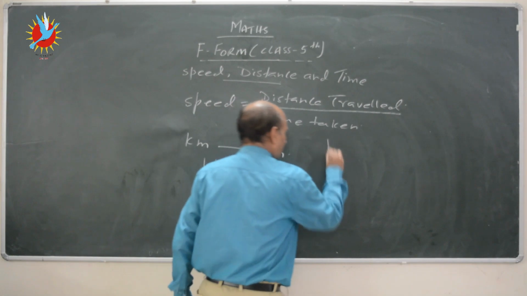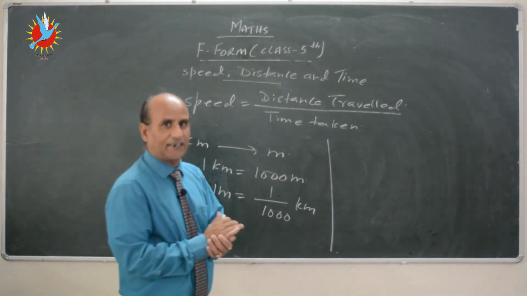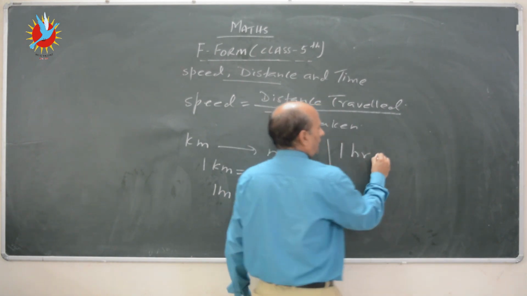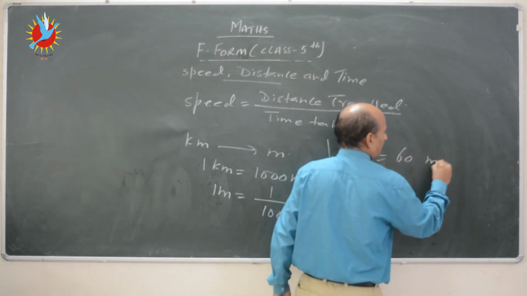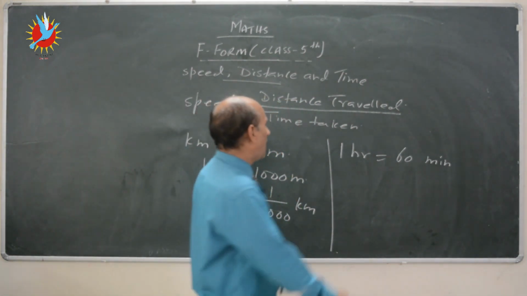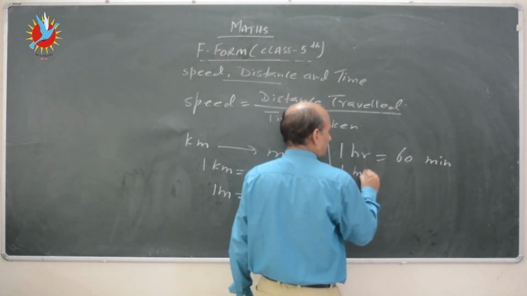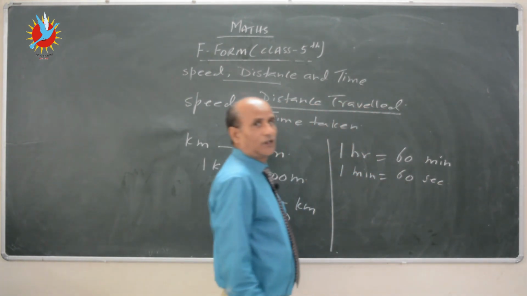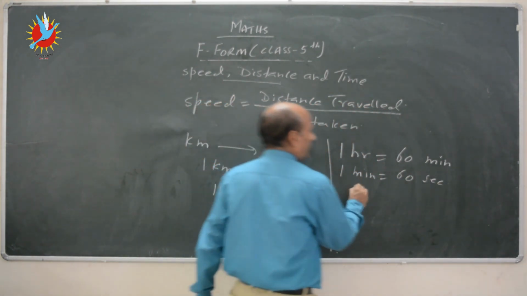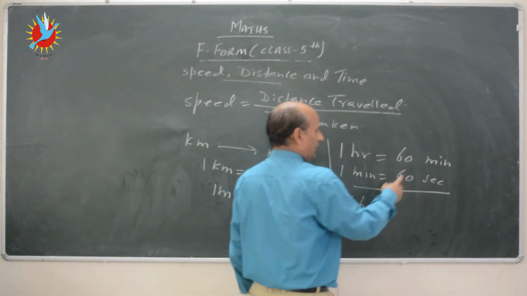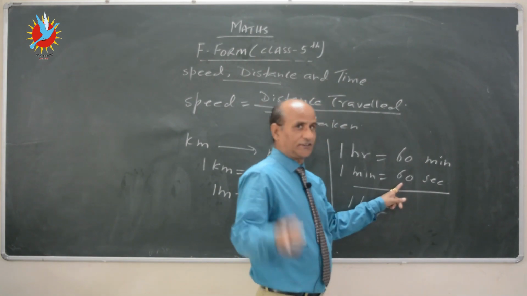And what is the relation between hours and seconds? 1 hour is equal to 60 minutes, and 1 minute is equal to 60 seconds.